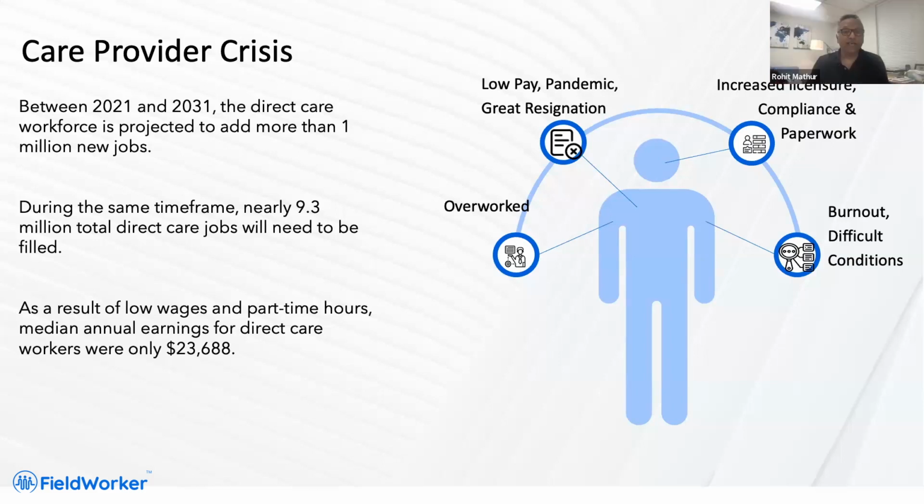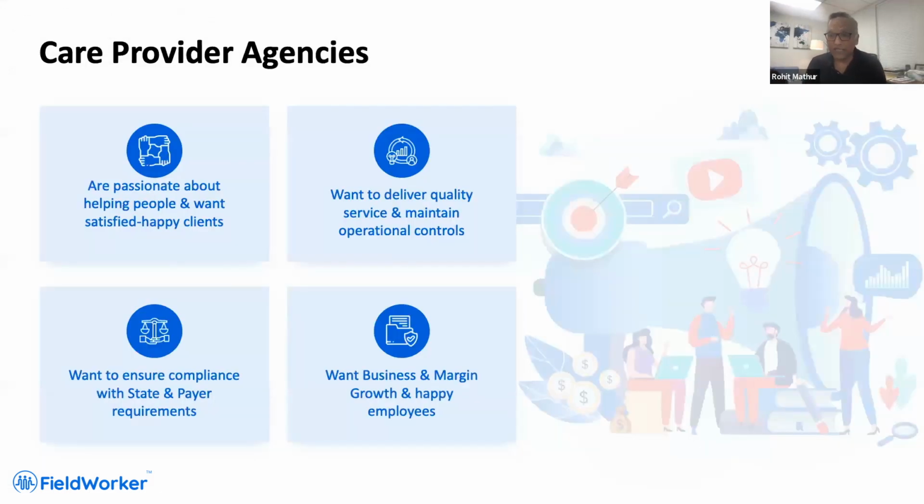Great, thanks for that. And also, to some extent, how can care agencies, you think, mitigate some of these challenges? Right. So if you think about it, the care workers are some of the most compassionate workers.